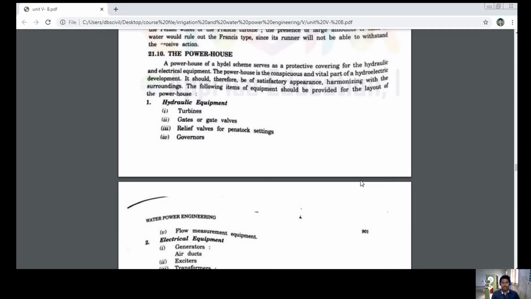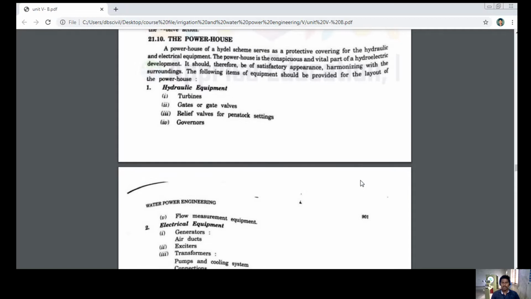Now, a powerhouse should be built for securing both hydraulic and electrical equipment. It should consist of hydraulic equipment: turbines, gates or gate valves, relief valves for penstock settings, governors, and flow measurement equipment.